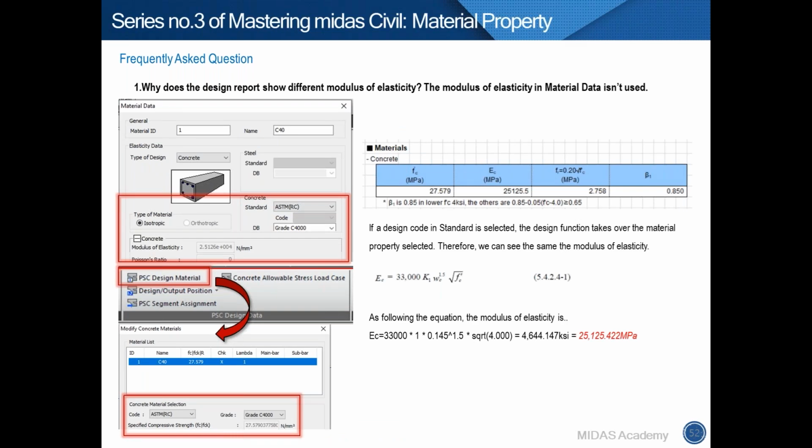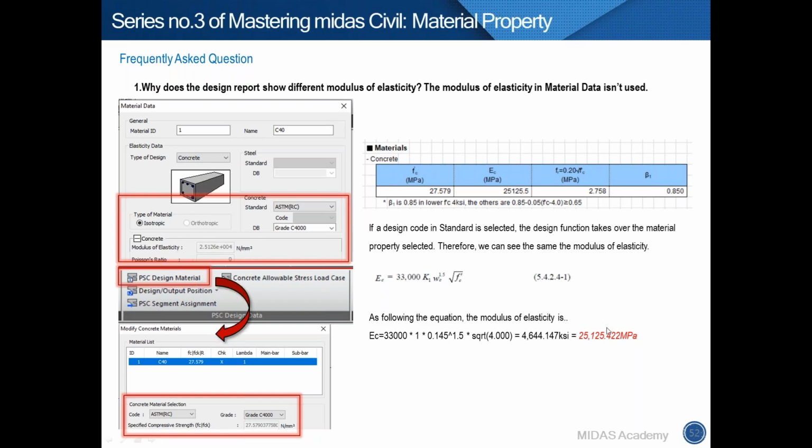So I selected material data in the standard, like this. After that, I checked the material data was selected for the design. So for the design, the same material was used. And as you can see, the elasticity in the report and the material dialog are the same.